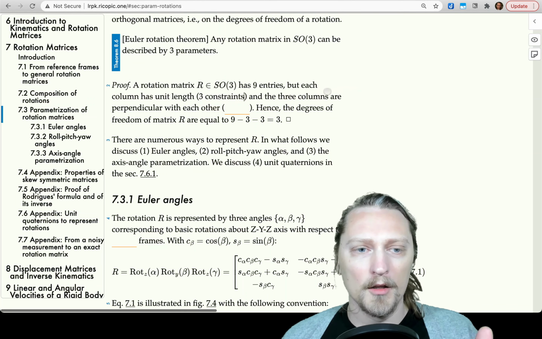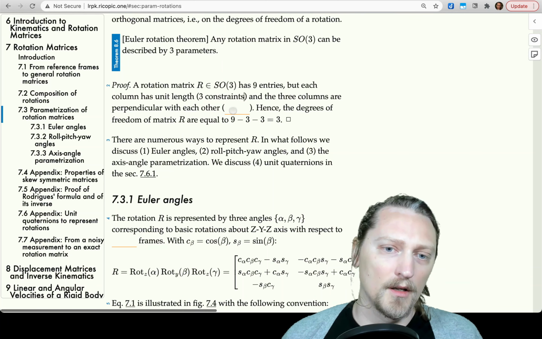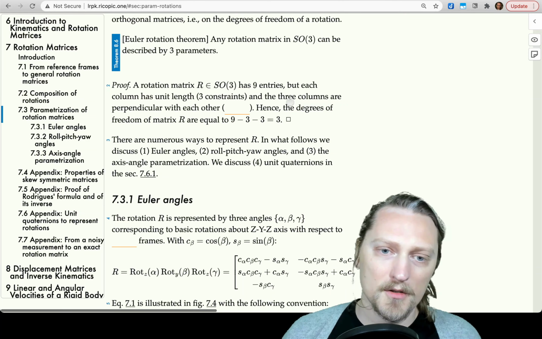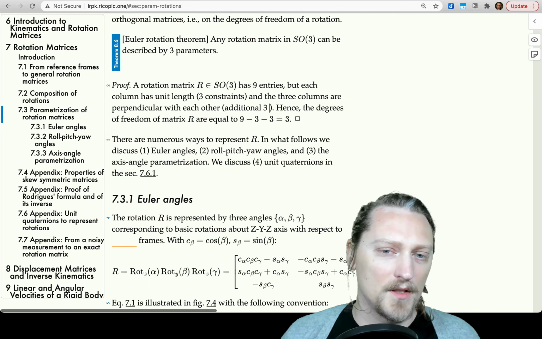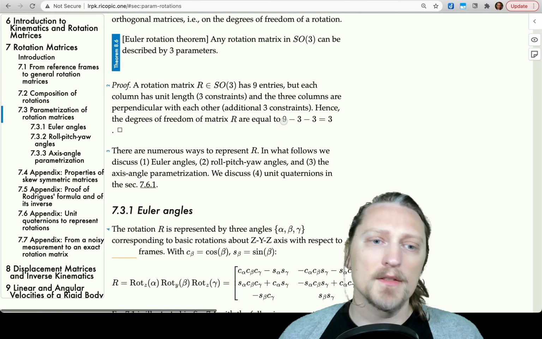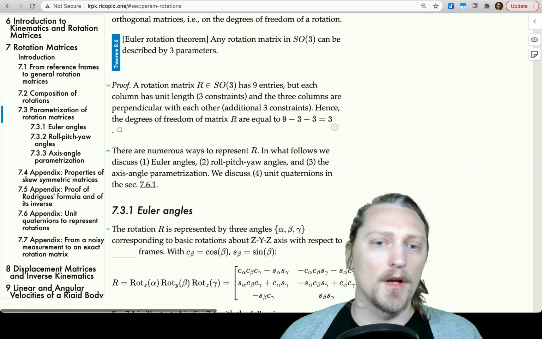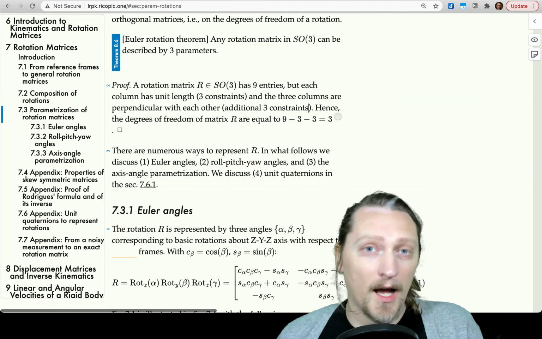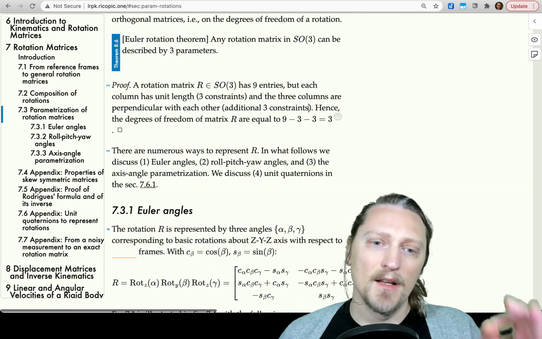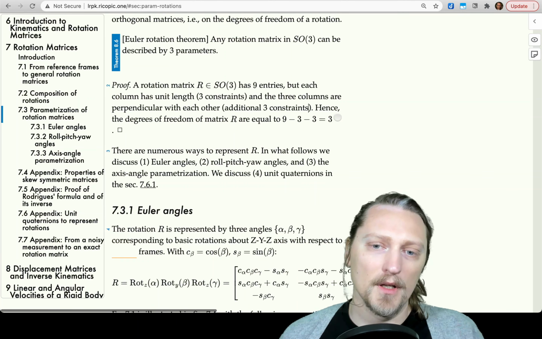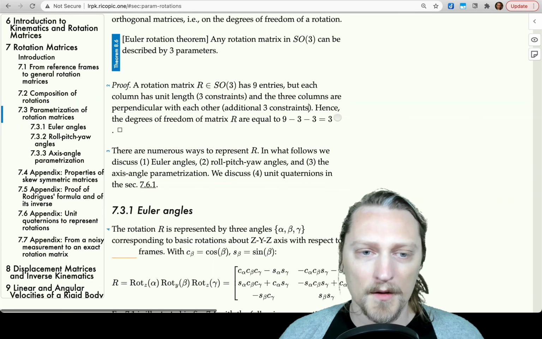And the 3 columns are perpendicular with each other, which is an additional 3 constraints. Hence, the degrees of freedom of matrix R are equal to its original 9 entries minus the first 3 constraints minus the second 3 constraints, which gives us 3 degrees of freedom.